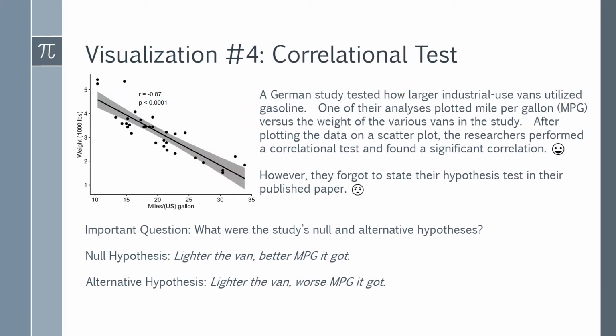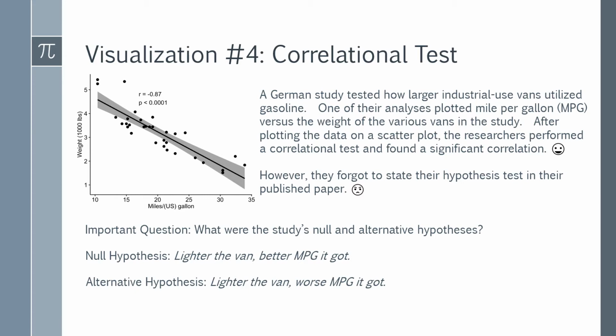Here on this slide, we look at the correlational testing of a study where some Germans tested how their bigger vans utilized gasoline. So what they wanted to look at is the weight versus the miles per gallon.